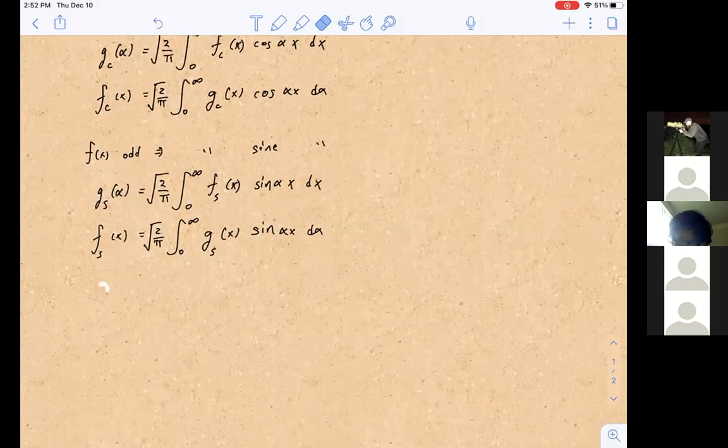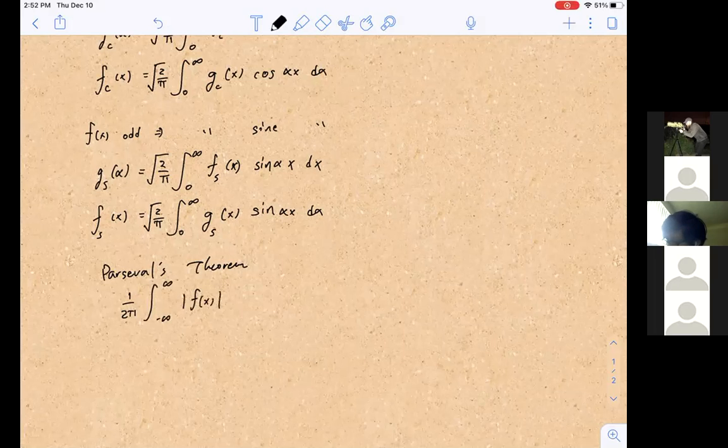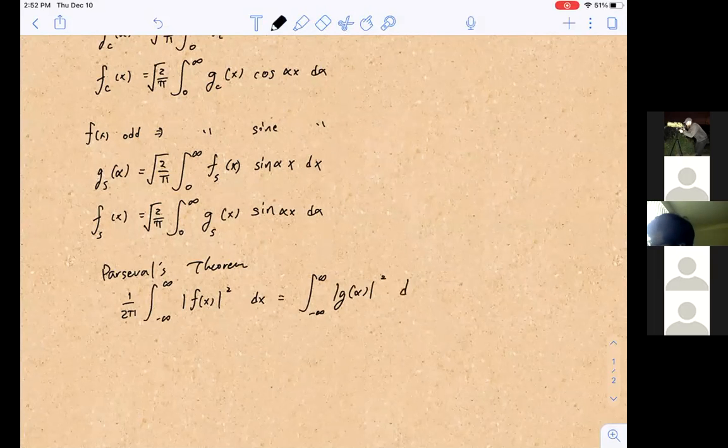Okay, so that's that. For Fourier transforms, we also have the Parseval theorem, which is that when you integrate the absolute value squared of f of x, it's equal to the integration of g of alpha squared with some normalizing constant 1 over 2 pi.